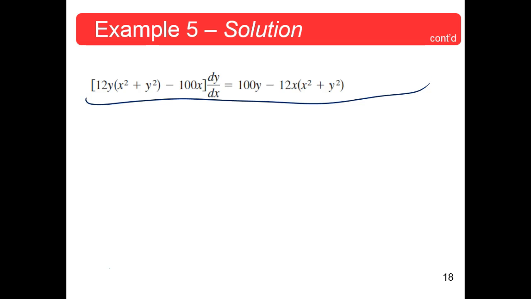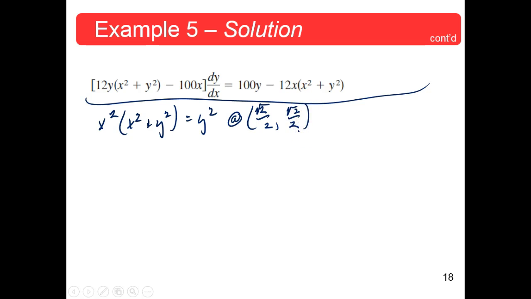Find the tangent line to the graph of x squared times x squared plus y squared equals y squared at the point root 2 over 2, root 2 over 2. I read it wrong at first, since usually you don't write it that way.